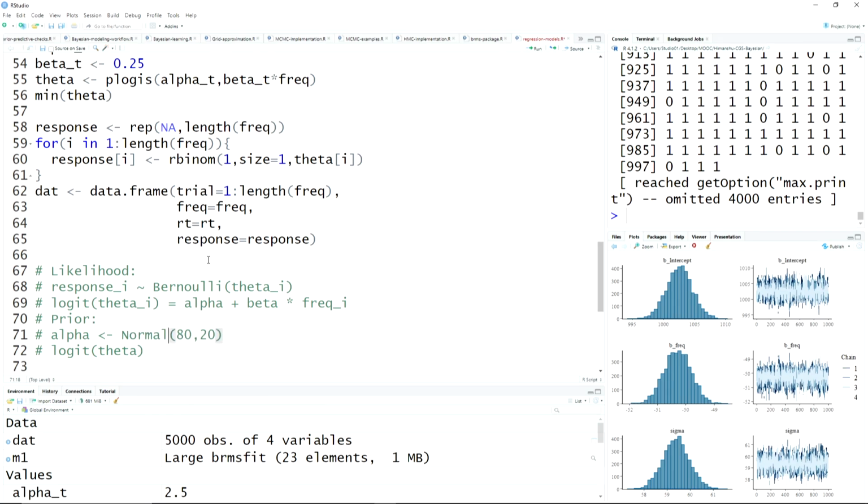Now alpha is on the logit scale, right? So you can set up a prior like this. Let's say 2, 1, or 2, 2 is fine. And for beta, you set up a prior like this, normal, say 0, 1 or so.